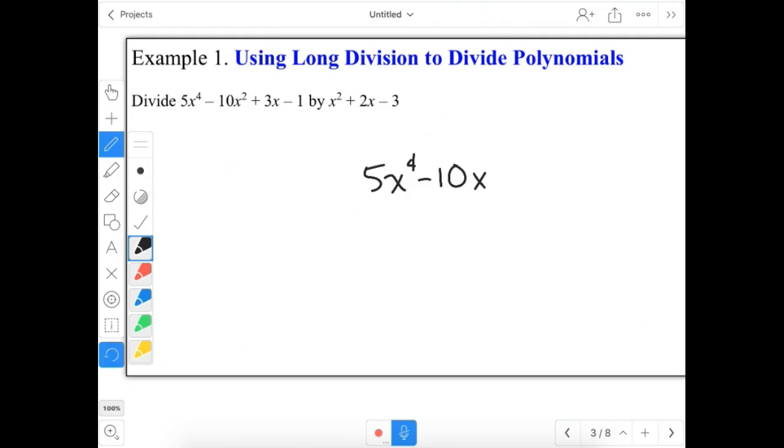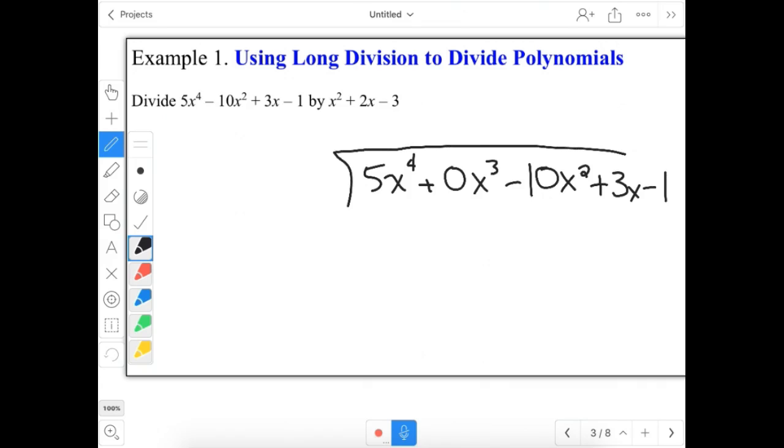Oh, I need to be careful right away because I'm missing my cubed term, so I'm going to put in a plus 0x cubed minus 10x squared plus 3x minus 1. Now I need to put that 0x cubed in there as a placeholder. And then on the outside we'll have x squared plus 2x minus 3.